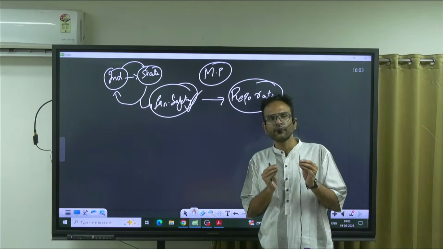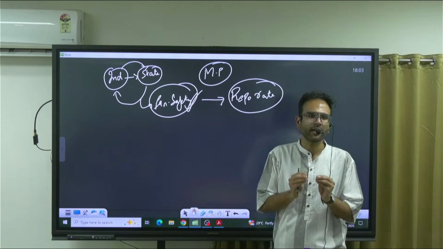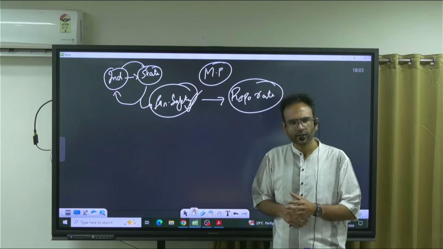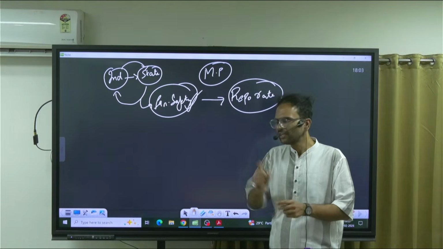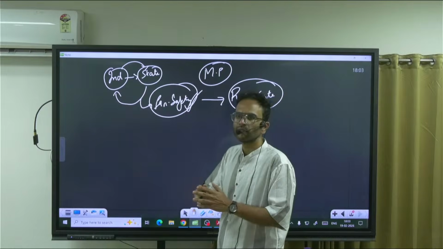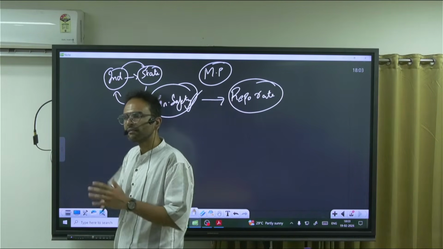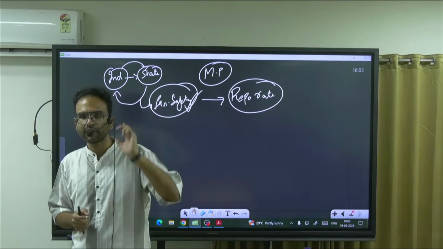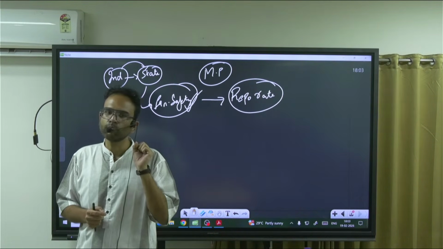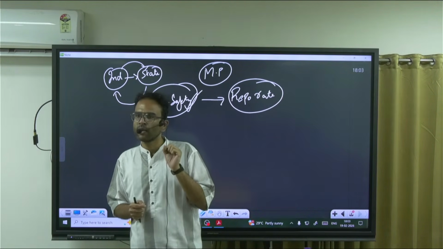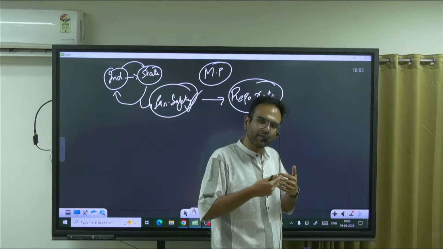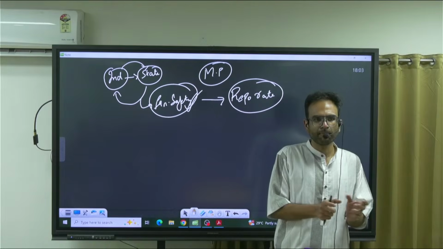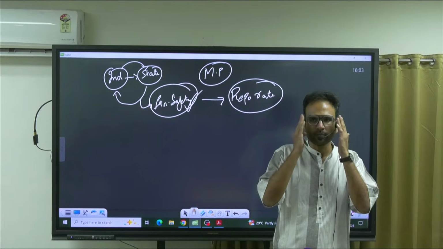Let's say there is a committee called the Monetary Policy Committee, which will meet from time to time, look at the market scenario and say that, see, if money supply is very high in our economy, inflation will rise. We will make sure that we will increase the interest rate so that money is pulled out of the market. And if it is the other way, we will reduce so that there is more money in the market. This is the basis of our monetary policy.